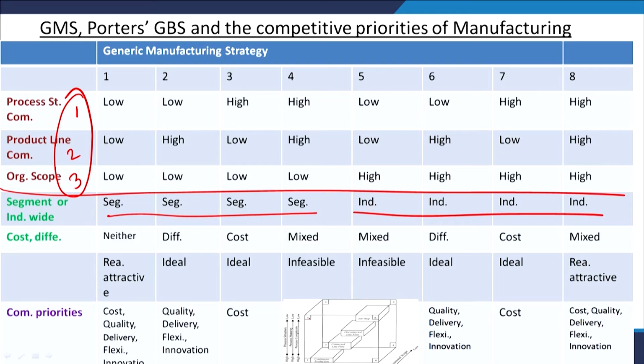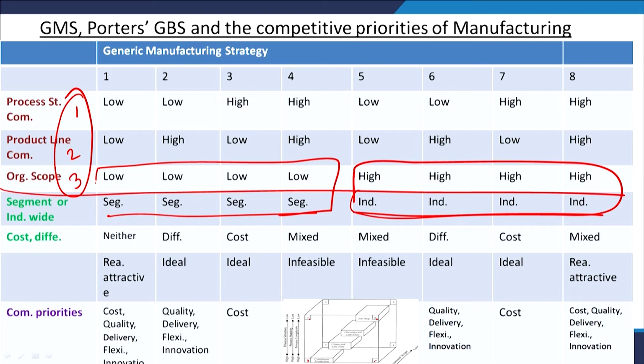So, these points number 5, 6, 7, 8 are on the higher organizational scope side. Therefore, you have this industry wide application. You can combine this discussion like this, and points number 1, 2, 3, 4 are towards the low organizational scope side, and therefore, these are applicable to a particular segment of your industry.